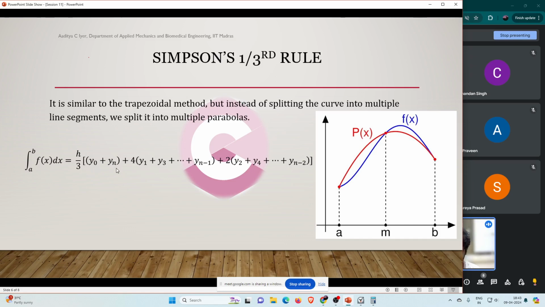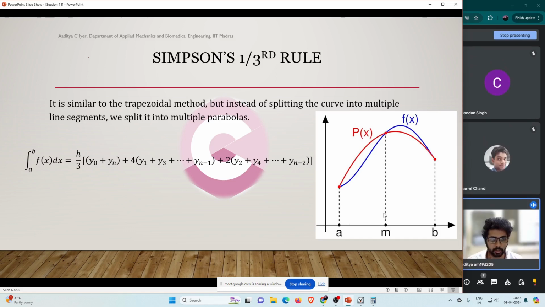So y0 and yn, the first and last terms, I will take as is, and I will multiply the whole thing by h by 3, where h is the size of each bracket. So m minus a is h, and b minus m is also h. Just keep that in mind.